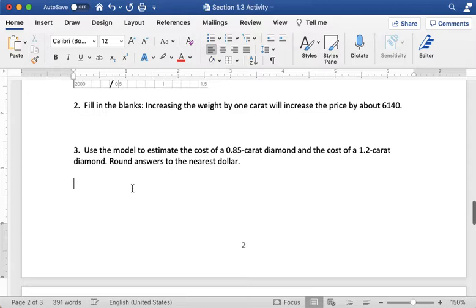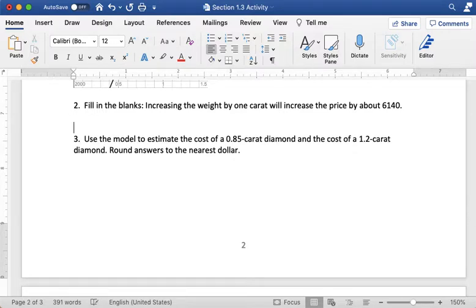So the first one I'm plugging in is the 0.85. So that's going to give me P equals 6,140 times 0.85 minus 480.